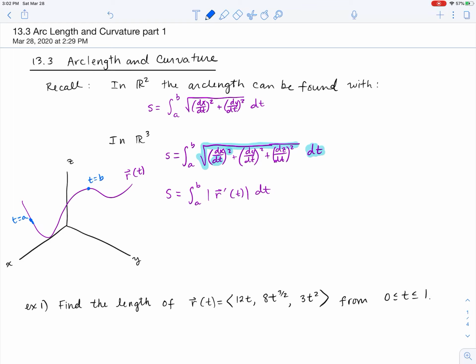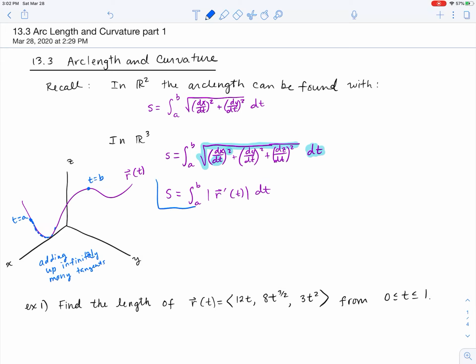That's what we're doing with the integral: breaking up this curve between a and b into infinitesimally small little pieces, and adding up infinitely many of them, infinitely many little tangent lines.